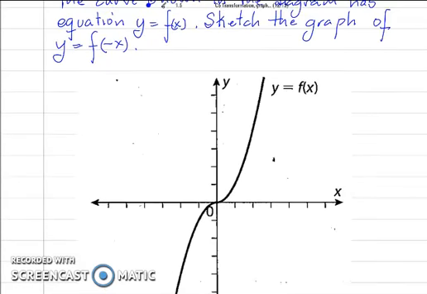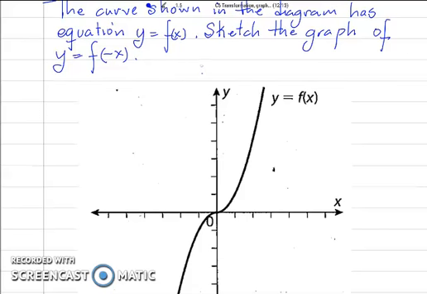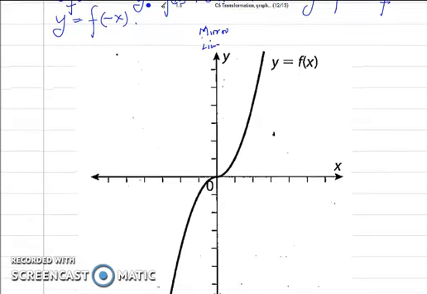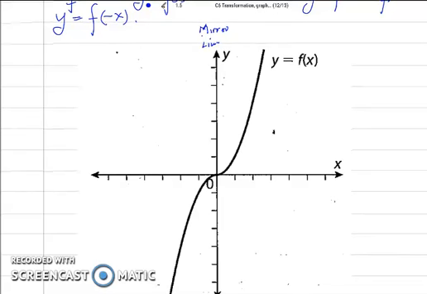So the y-axis is now my mirror line. Now, one way you could do this is by obtaining points on the graph of y is equal to f of x and simply changing the sign of the x-coordinate to get the corresponding point on y is equal to f of minus x. That's one way to do it.